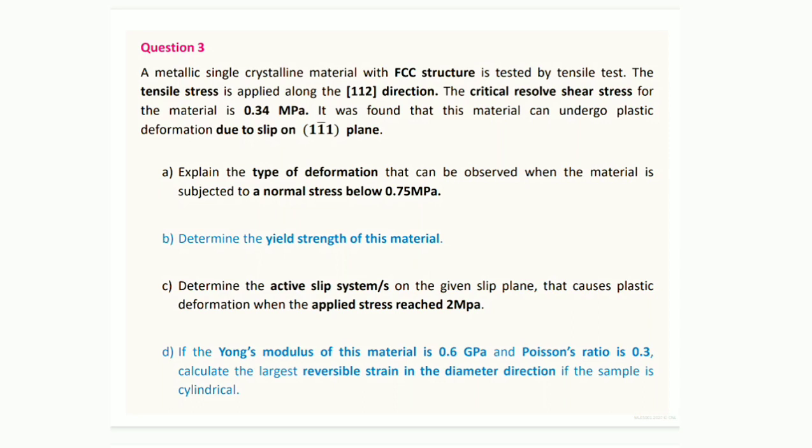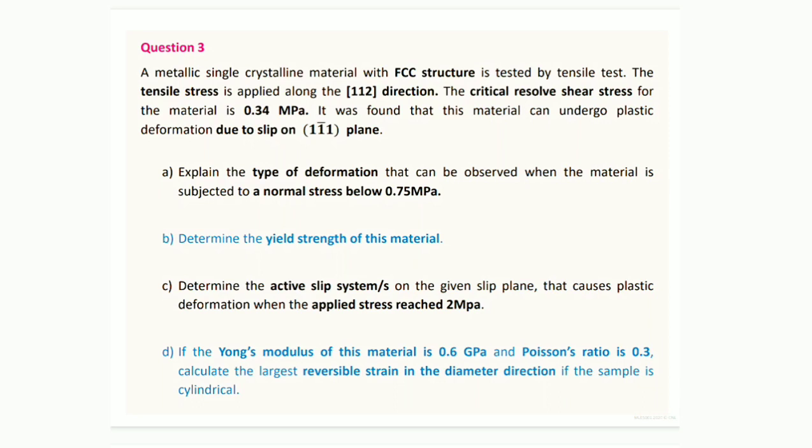We will call this plane the slip plane, because this plane can undergo plastic deformation due to slip, and its Miller indices are 1 bar 1.